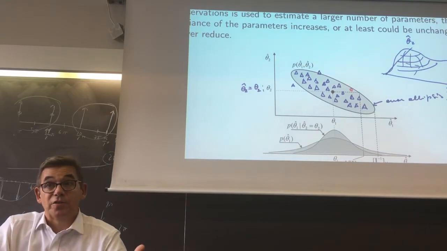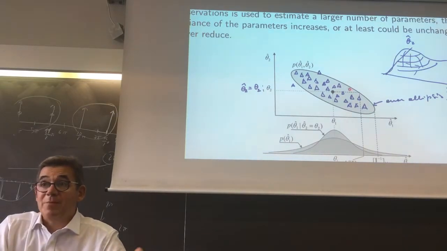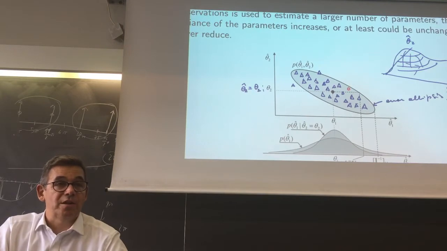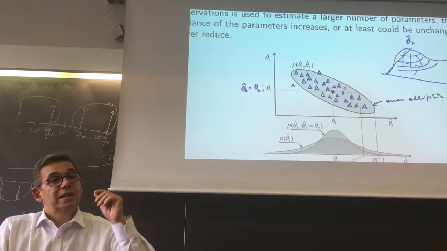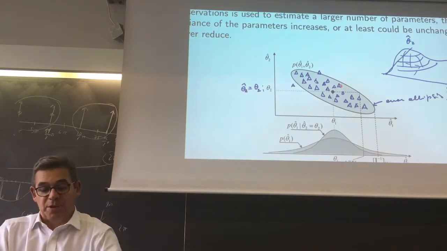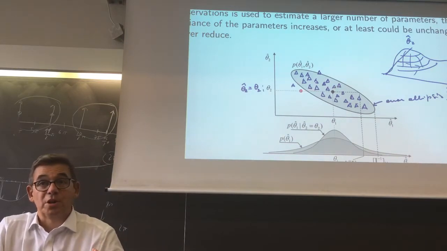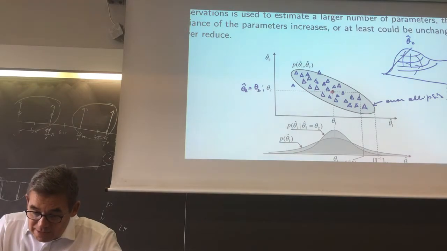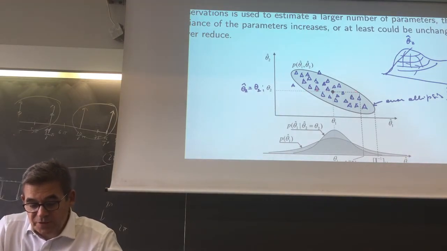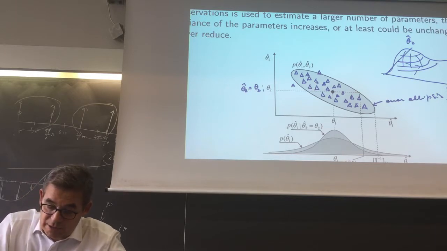Okay. So if you assume that I have an amplitude and frequency of a sinusoid, and I use the known amplitude, then I need only to estimate the frequency because the amplitude is known. Then my error ellipsis, since θ2 is fixed, is limited to this interval.